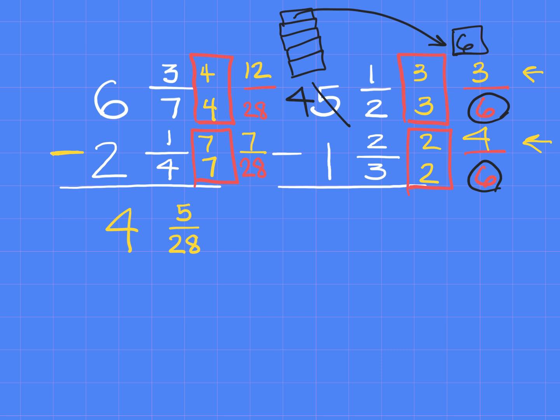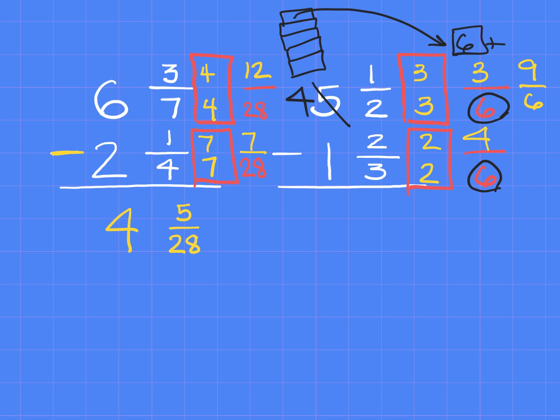It has 6 slices. So we had 3 slices. We added the extra box, which has 6 slices. So now you can see that we will have 9 slices altogether. Because I opened up a brand new pizza box, which had 6 slices, to my original 3, I have 9 slices.